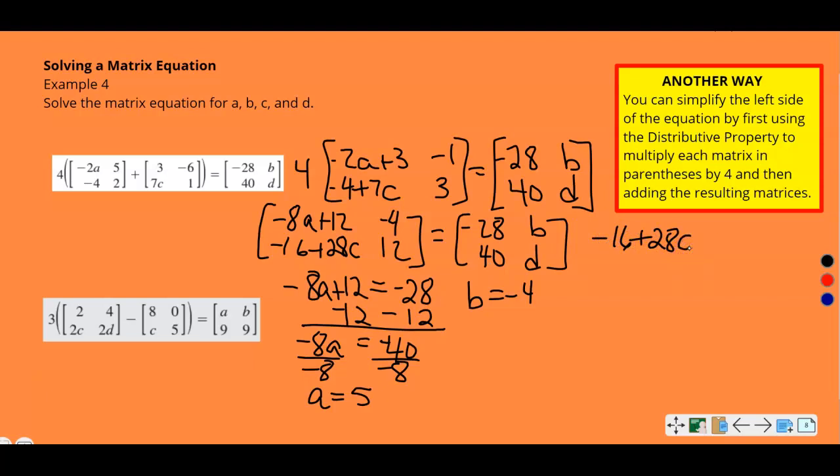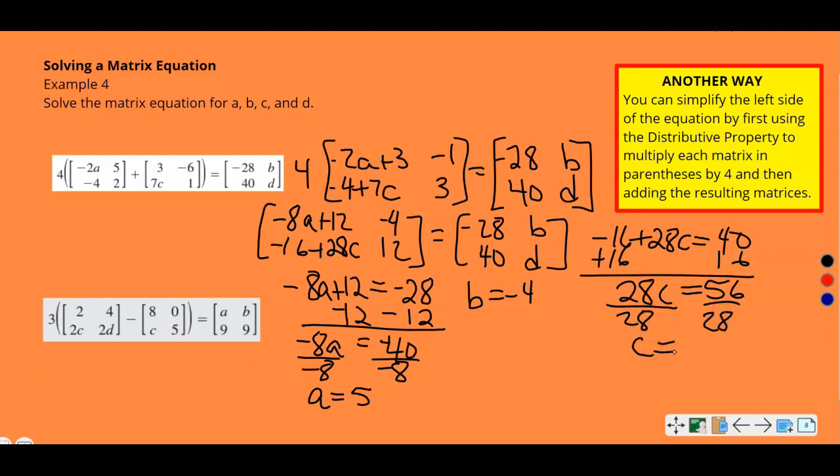So I'm going to add 16 to both sides. 28c equals 56. Divide by 28. C equals, is that 2? Yes, it is 2. All right, so C equals 2.